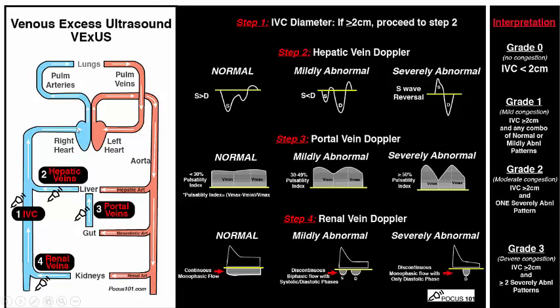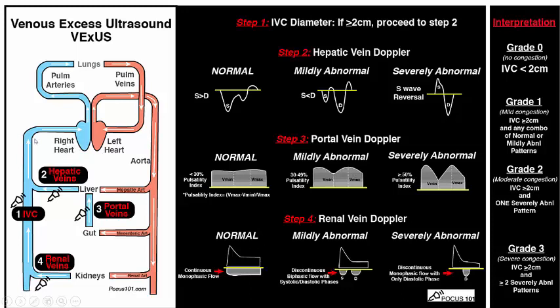If you have an increase in right atrial pressure and inferior vena cava dilatation and non-collapsing, it will reflect on the hepatic vein, on the liver, and on the portal vein, which will reflect on the gut, and on the renal vein, which will reflect on the kidney. So you need to assess the effect of systemic congestion on the liver, the gut, and the kidney, to be sure that this high right side pressure is doing harm to the patient.